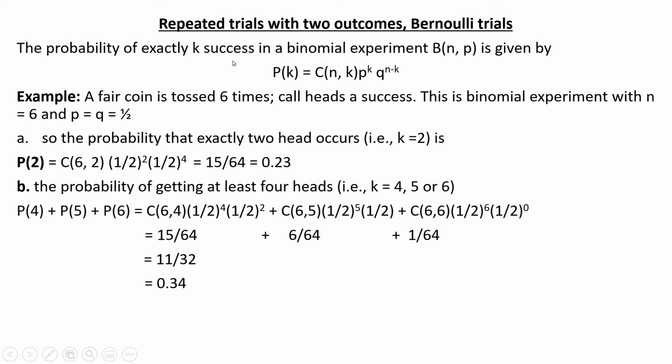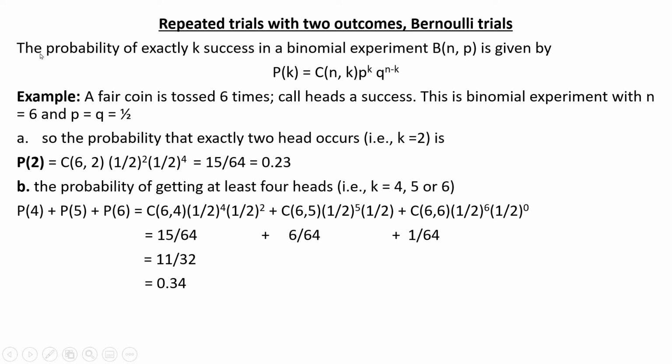We have repeated trials with two outcomes, which are called Bernoulli trials. If we have an experiment like flipping a coin, then we have two outcomes, head and tails, and these two outcomes are independent of each other.